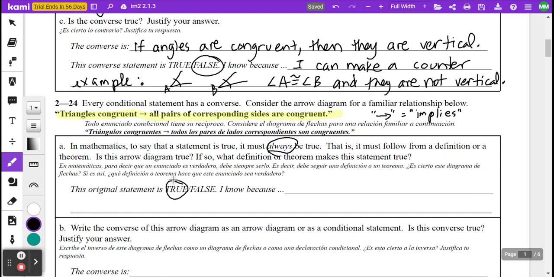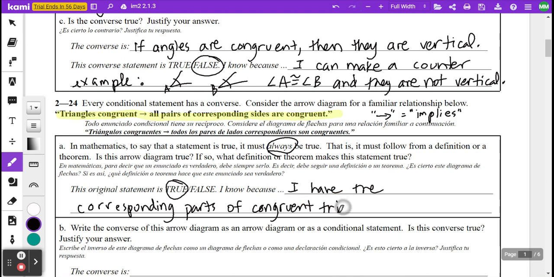And it is true. I know because I have the corresponding parts of congruent triangles are congruent theorem.